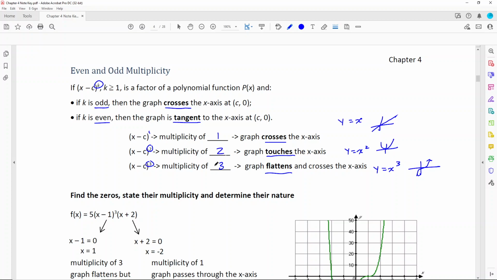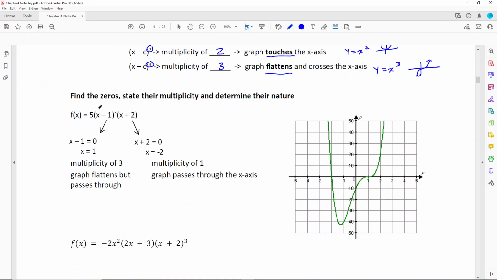So now we're going to use this to find the zeros, state the multiplicity, and determine their nature. Really, from a textbook point of view, you just have to find the zeros and state their multiplicity. I'm going further and making you determine their nature because it's what we're going to be doing in the next section, in 4.2. So if I look at this polynomial function, it has two zeros, when x equals 1 and when x equals -2.